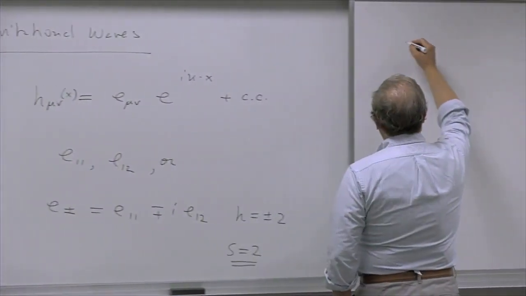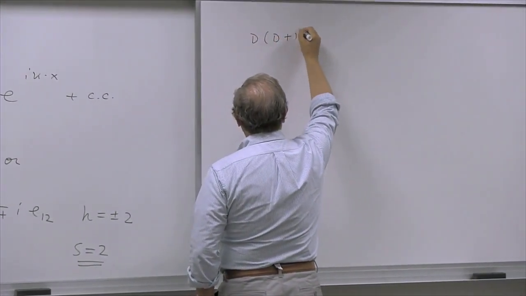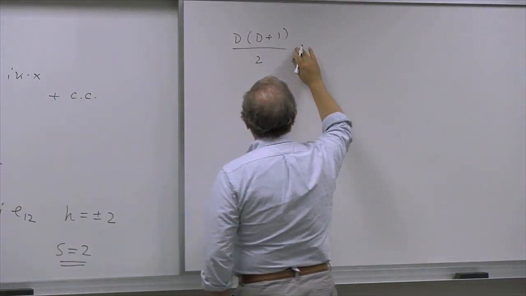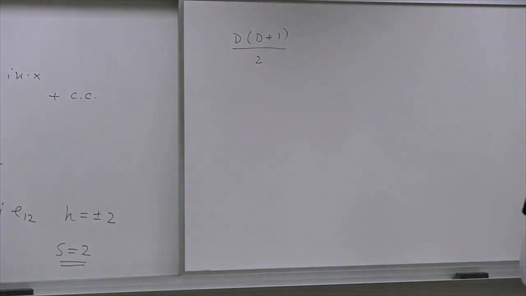Remember that the number of degrees of freedom in d dimensions is d times (d plus 1) over 2 for the metric, because it is a symmetric quantity.